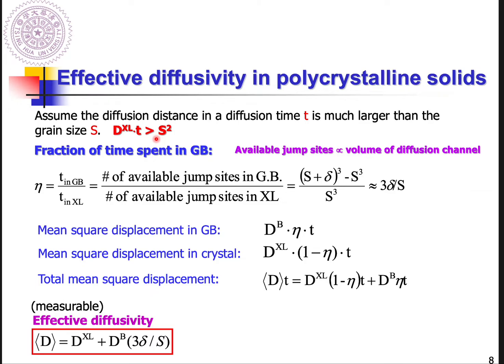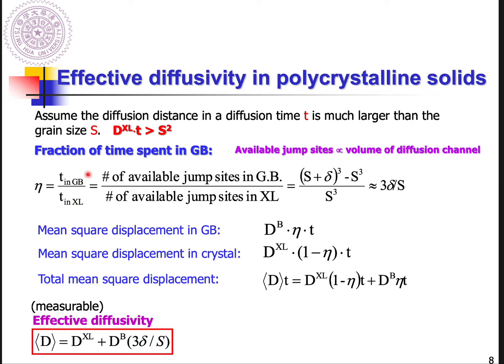This tells you that you cannot ignore the diffusivity inside a grain, as it is fast. You cannot ignore it. And based on this assumption, we need to calculate the fraction of the time the diffusing atom spent in the grain boundary versus in the grain.